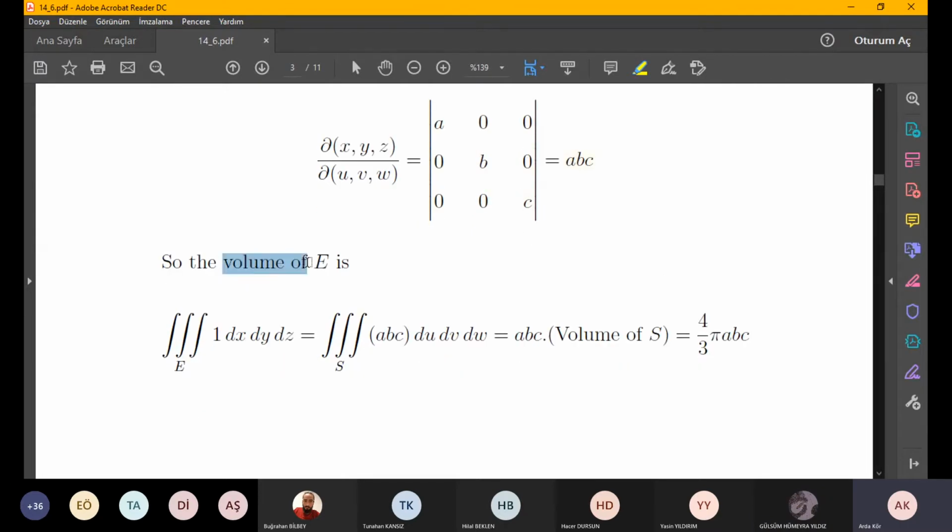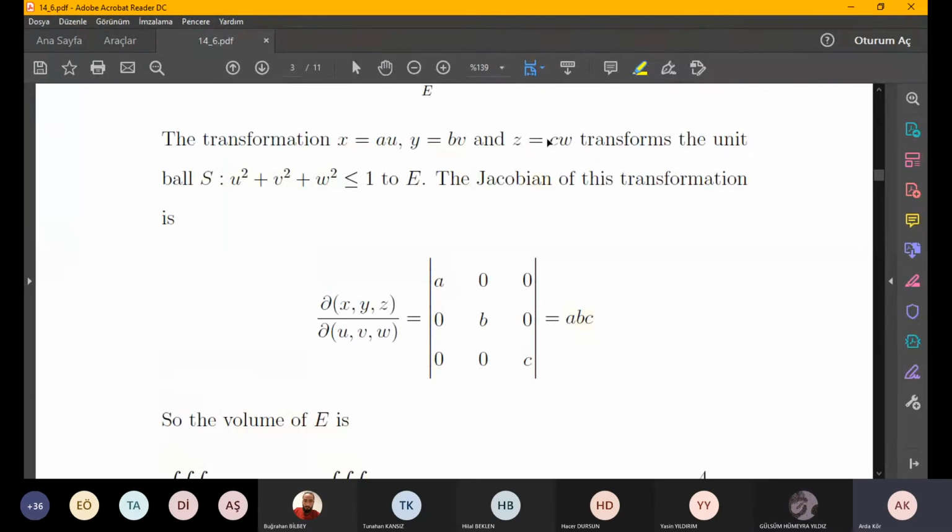So if we try to write down the volume of the ellipsoid, which can be represented in Cartesian coordinates in that way, on S, this will be equal to 1 times the Jacobian, right? So you should directly write the 1 as 1 here, even for this transformation.